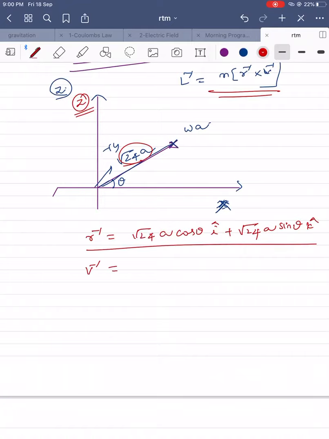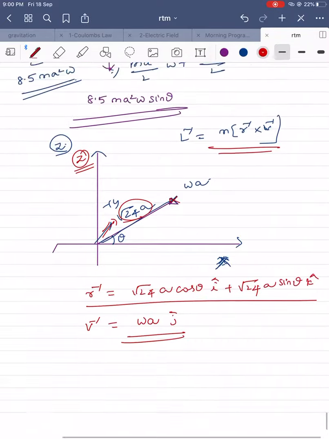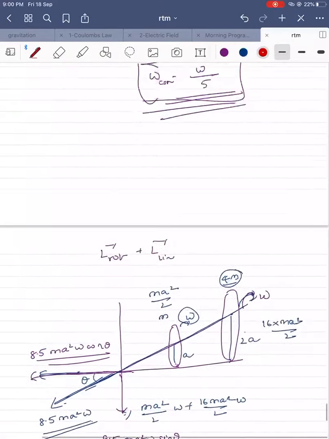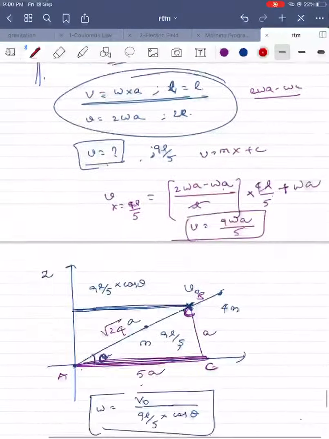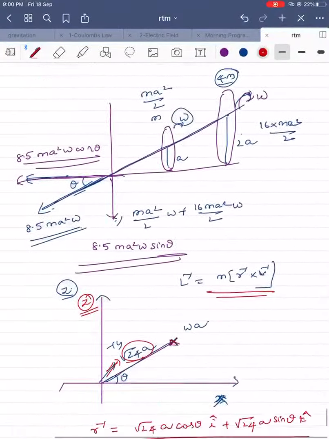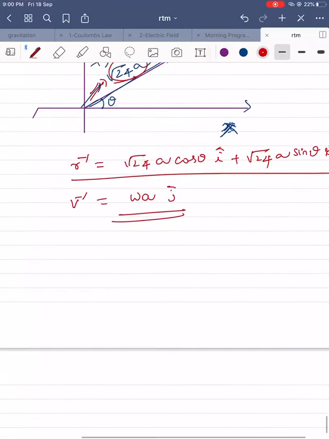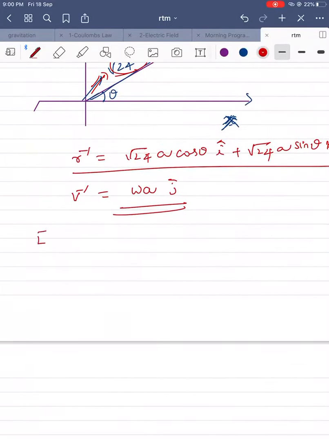V bar is equal to, in which direction is it going? Positive y axis or negative y axis? Positive y axis. So omega a j cap. The question seems to be a little lengthy. So if you are thorough with the basic understanding of rotational motion, you will clearly understand what we are doing at every step. Okay, now let's see angular momentum, because we cannot directly say the answer from the directions itself.